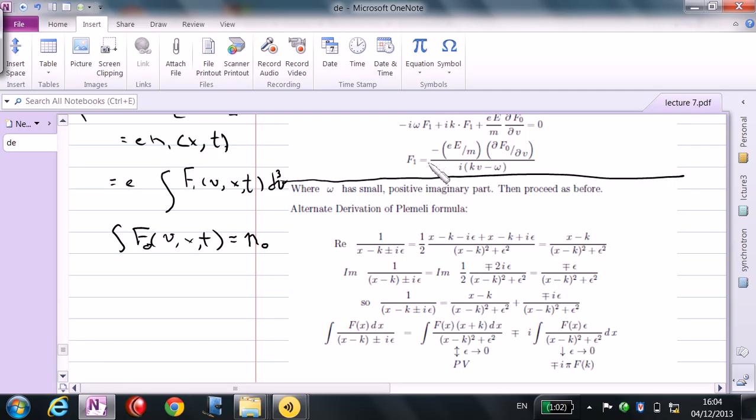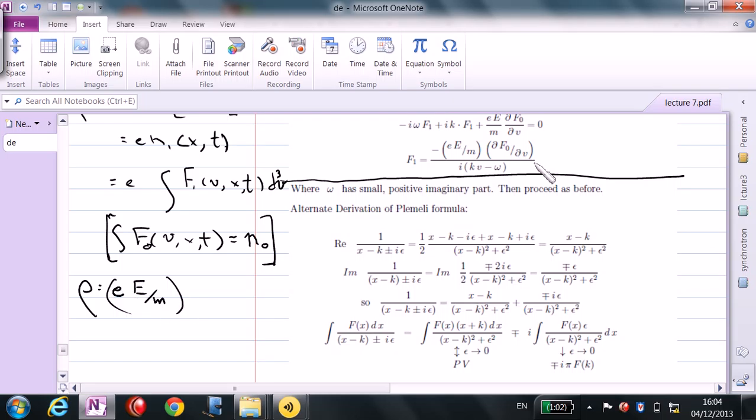Now I substitute f1 into here, make this parenthetic, and I say rho is equal to e times e over m.